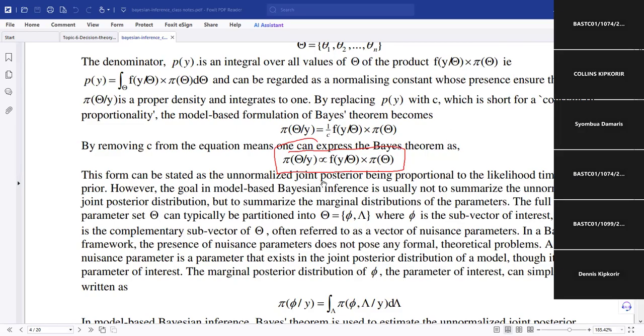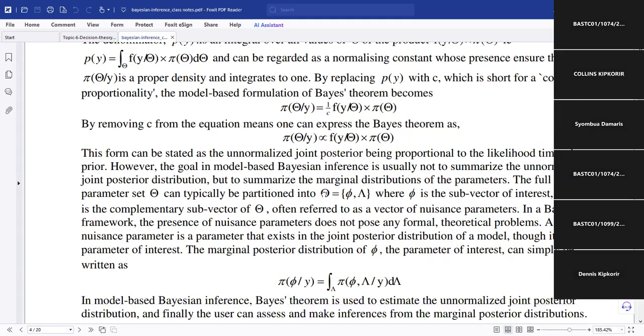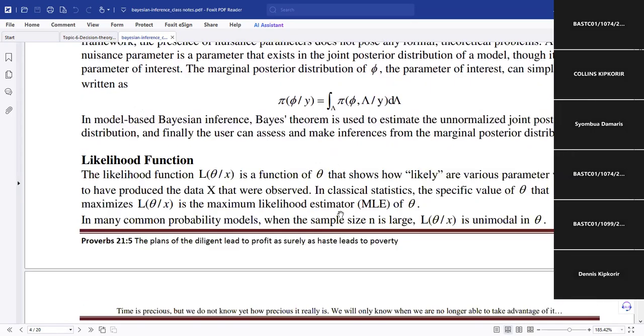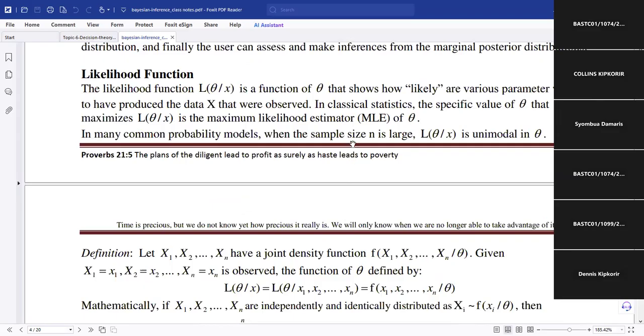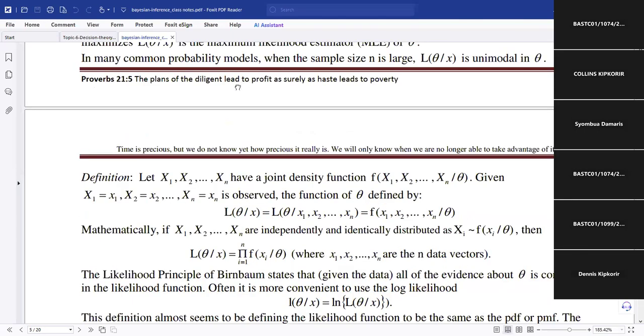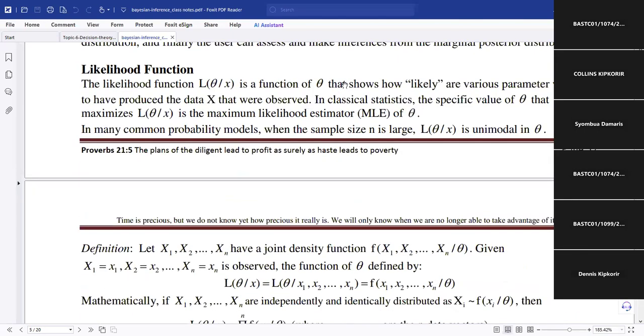So what is a likelihood function? Or how do we obtain a likelihood function? The likelihood function, expressed as L(theta given X), is a function of theta that shows how likely our various parameter values have produced the data X that were observed.